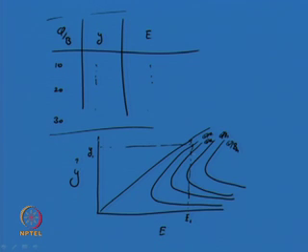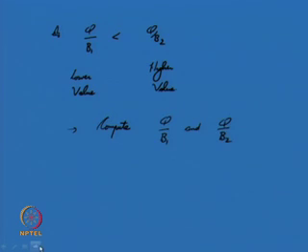Then on channel restriction, or the width getting restricted, it will go into the next curve q by b 2, and at section 2 2 the depth of flow will get reduced to y 2 as per the graph.